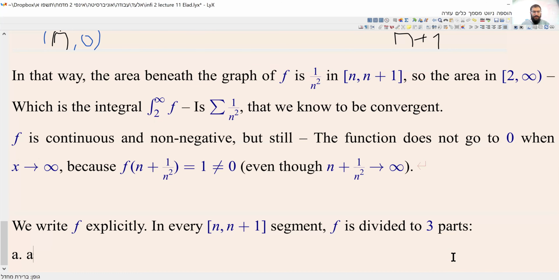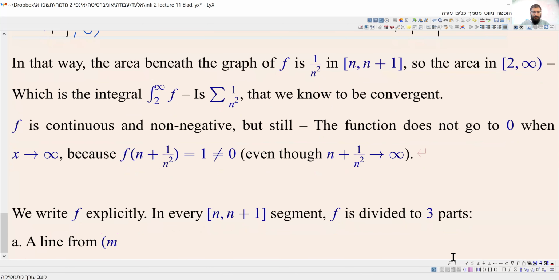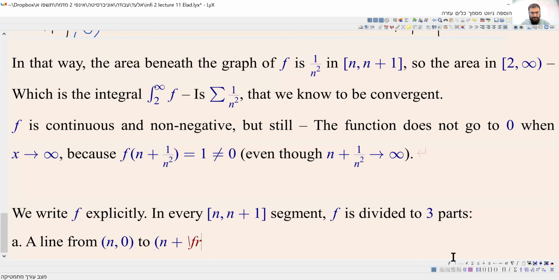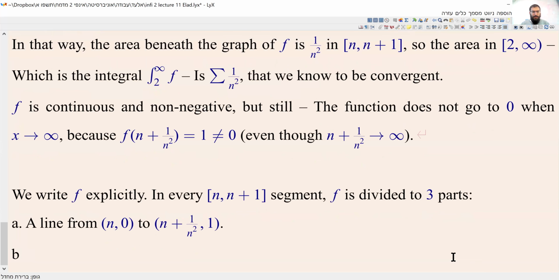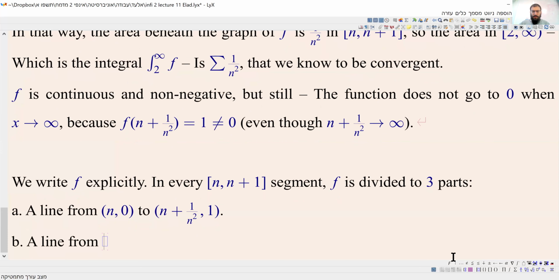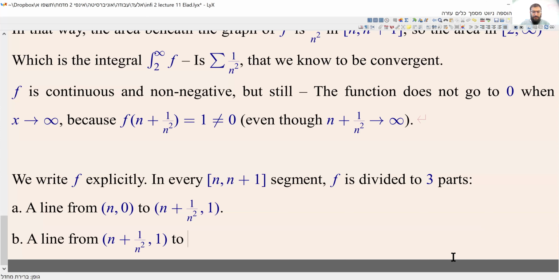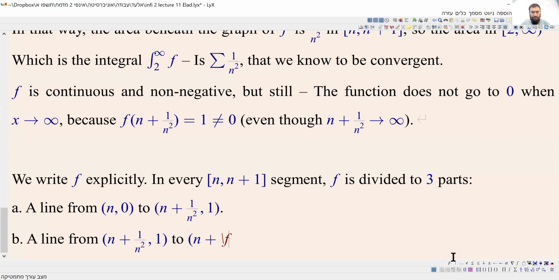A: a straight line from the point n and 0 to the point n plus 1 above n squared and 1. B: a line from the point n plus 1 above n squared and 1 to the point n plus 2 above n squared and 0.